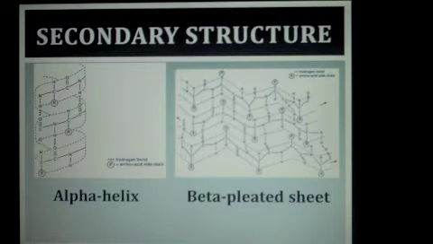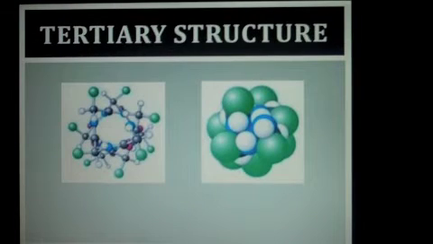These structures are formed by a regular pattern of hydrogen bonds between the peptide NH, nitrogen-hydrogen, and C=O, carbon-oxygen groups of amino acids that are near each other in a linear sequence, as demonstrated in the alpha helix and the beta sheets diagram. Together they form a protein's final tertiary structure.